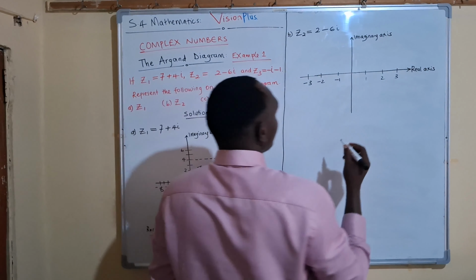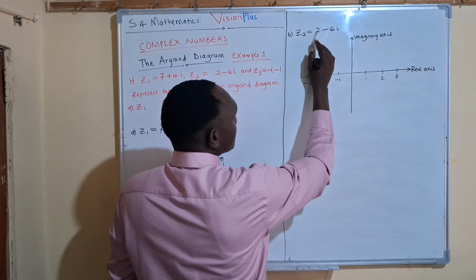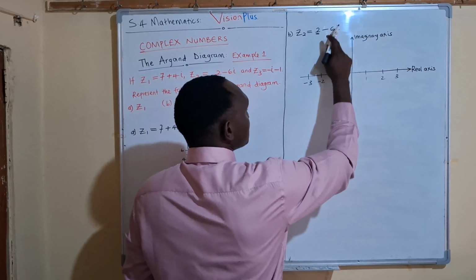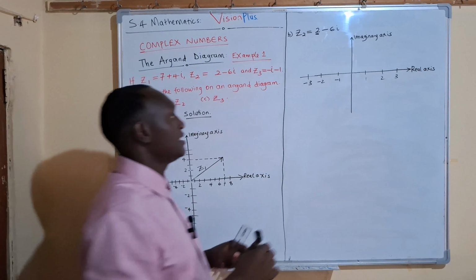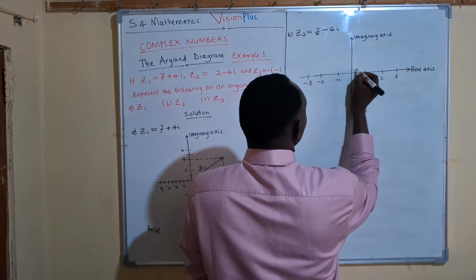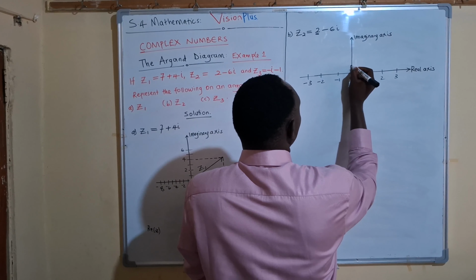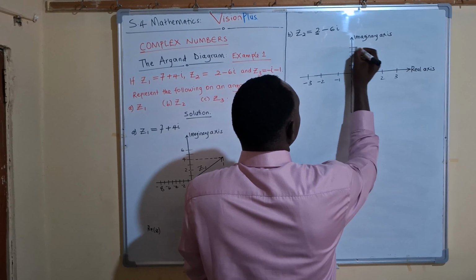So we have marked, because here our real axis we need 2, which we have here, but on the imaginary axis we shall need to locate negative 6. That means our scale should be smaller. Like we use shorter distances: 1, 2, 3, 4, 5, 6.